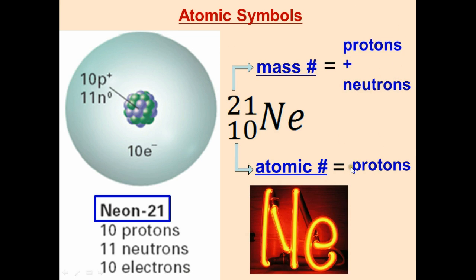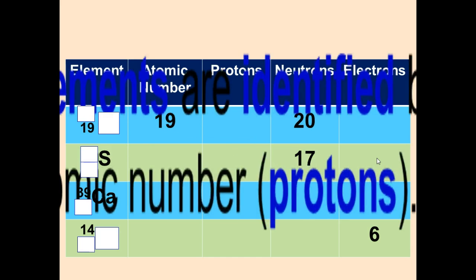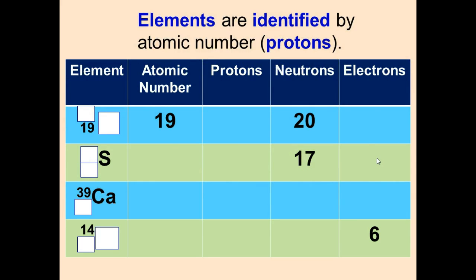And the atomic number also tells you the number of electrons. Today we're going to calculate some. Here's a chart with the element, atomic number, protons, neutrons, and electrons. If we know the atomic number, we can go to the periodic table and find the element.